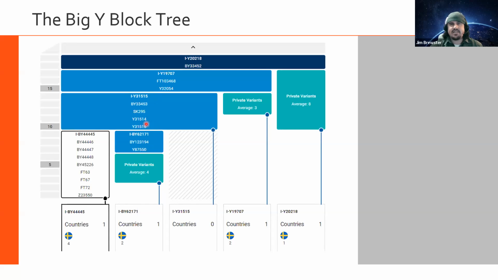And what that means is that we don't know if those SNPs are older or younger than other SNPs, because so far everyone that we've come across that has that E SNP also has the D SNP. So we don't know if D or E is older. It takes another person coming along who doesn't have E for us to determine that E is in fact the younger one.